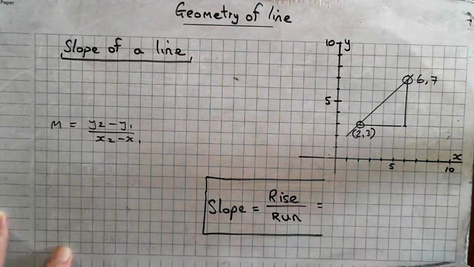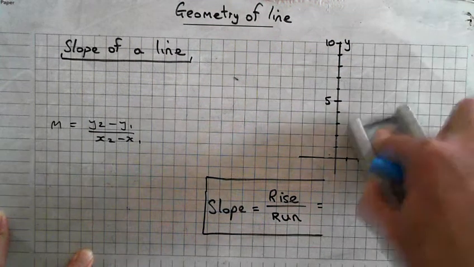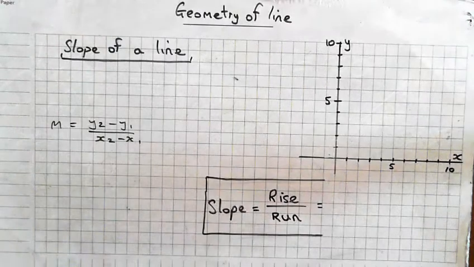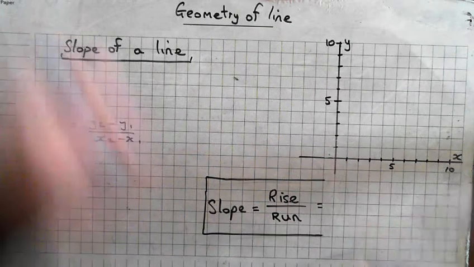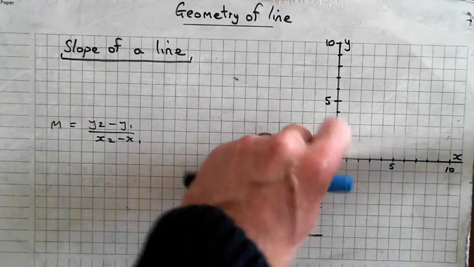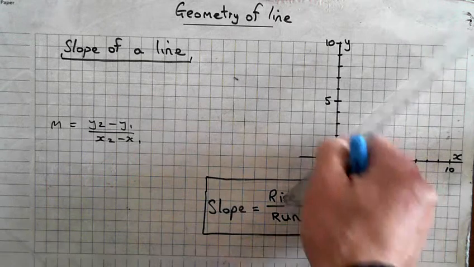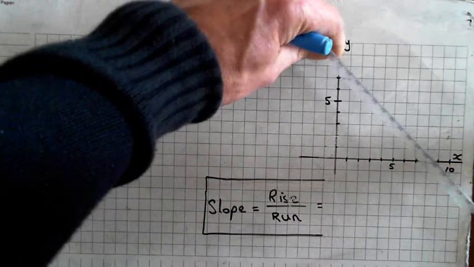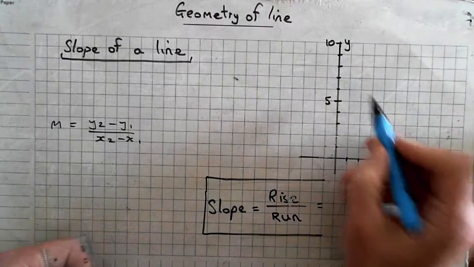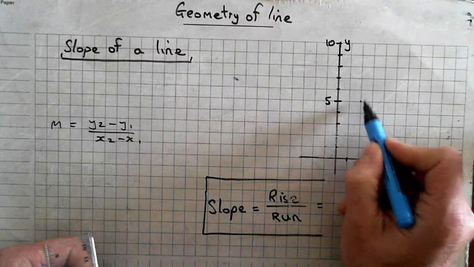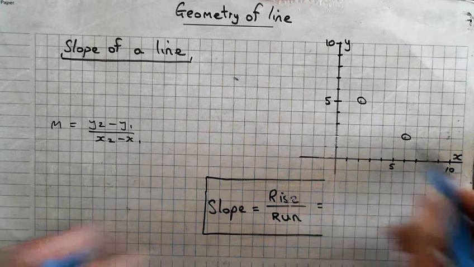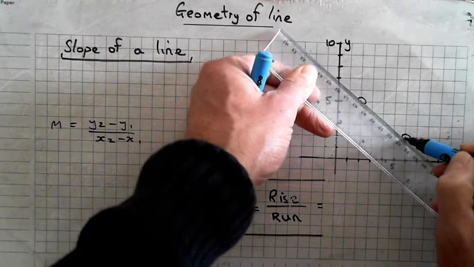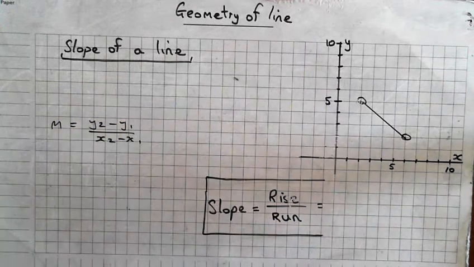Okay, rise over run. So we'll take another question. That's a positive slope if the slope is going from left to right, if it's going up. It's a negative slope if it's going down like that. So we'll pick 2 more points. And what's the slope of that line?